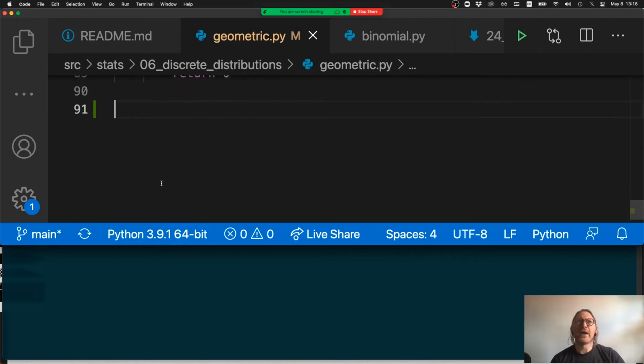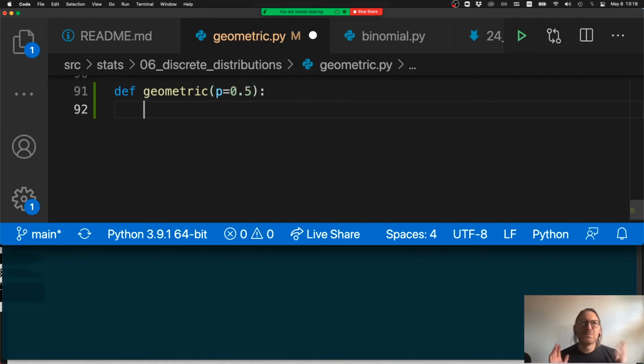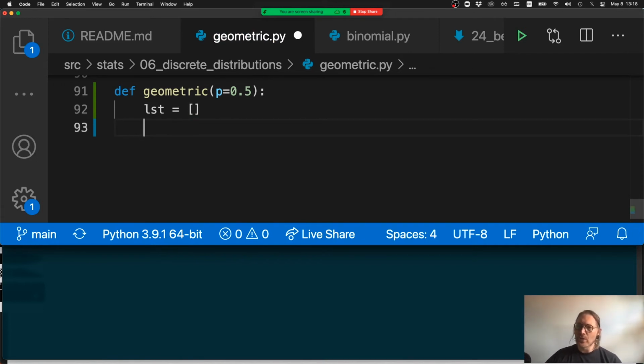Let me say that, and then I'll just start coding it. So we have this geometric where we have a probability of 0.5, okay, by default. And let's make a collector, and we'll collect in the results of sampling Bernoulli.